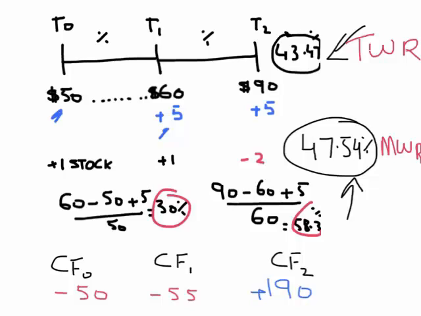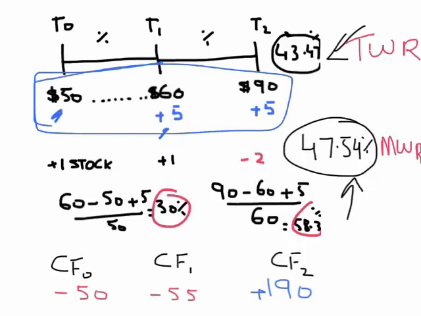TWR stands for time weighted return. MWR stands for money weighted return. You will be provided with this story. That's it. A share is trading at $50 and one share was purchased. By the end of the year, the share was trading at $60 and paid a dividend of 5. Another share was purchased. By the end of the second year, the share was trading at $90 and a dividend of $5 was paid, and both shares were sold. What is TWR? What is MWR?